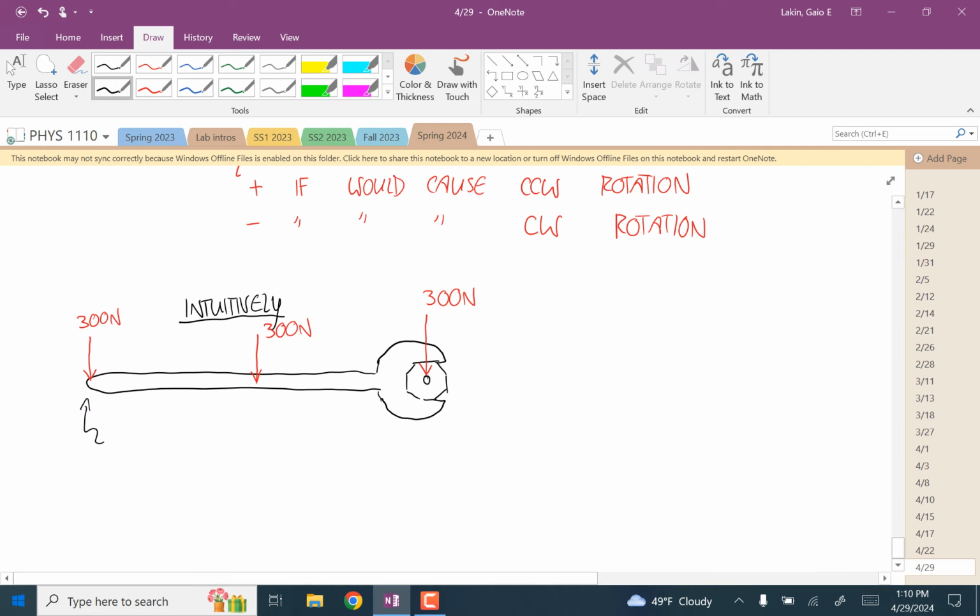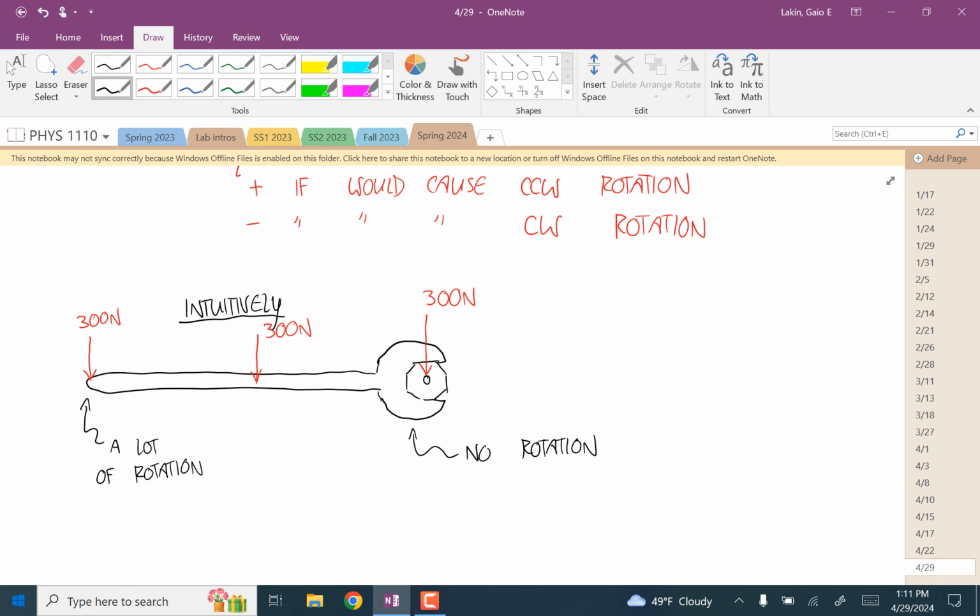So this would be like a lot of rotation. This would be no rotation. Okay?